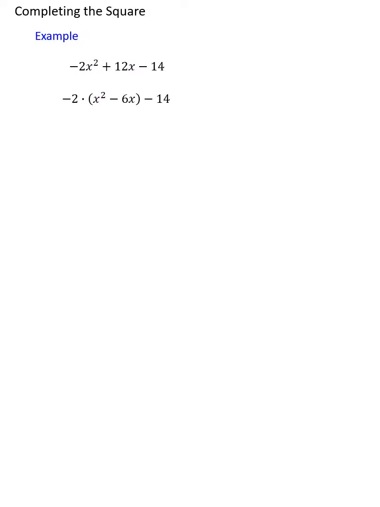So now that I've factored the lead coefficient out of the first two terms, that leaves me with a monic binomial inside of the parentheses. You see it in blue there more than likely. And what I can do now is, ignoring the rest of the problem, just complete the square on what is inside of the parentheses.